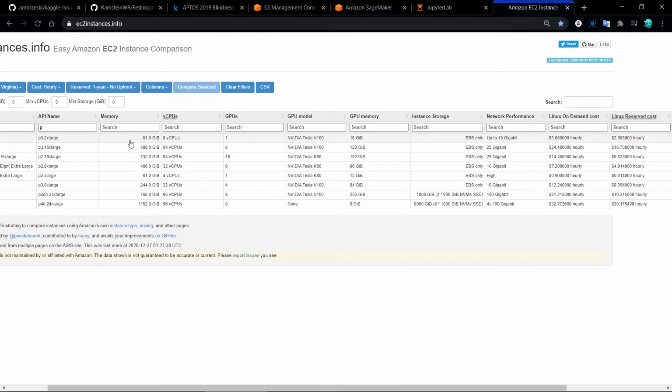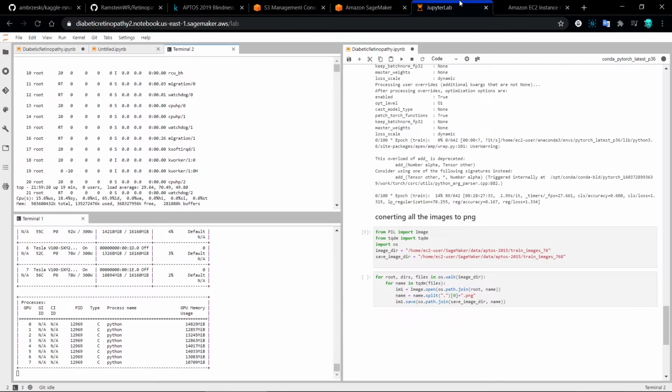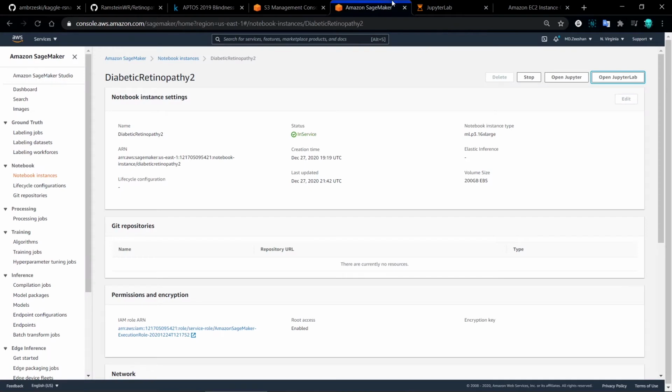This time we are using a p3.16xlarge instance with 488 gigs of memory, 64 virtual CPUs, 8 GPUs, NVIDIA Tesla V100, comprising 128 gigs. As you see here, this is the p3.16xlarge instance for the notebook instance.